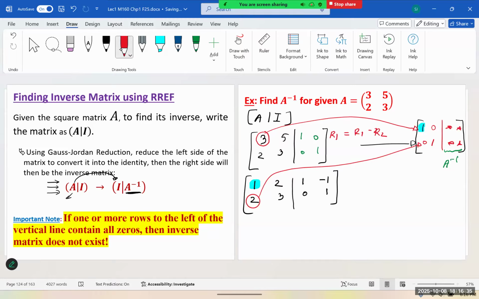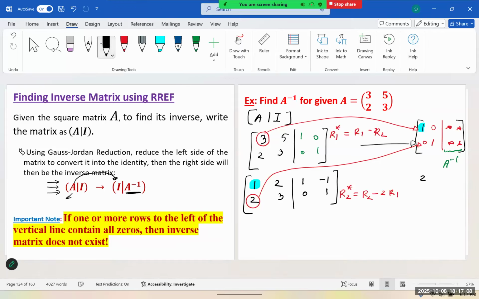So who can tell me the row operation we can apply to convert our row 2? Brendan? We could do like 2R1 minus R2. 2R1. So R2 minus 2R1. Whatever you're changing, you should keep that and then change the other one. Okay, let's see.